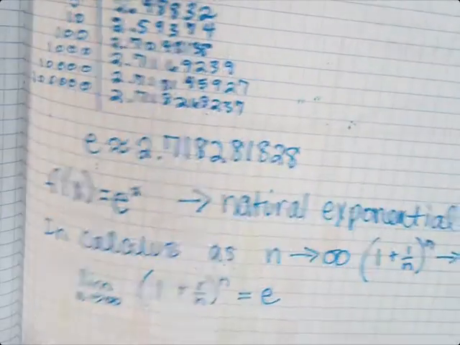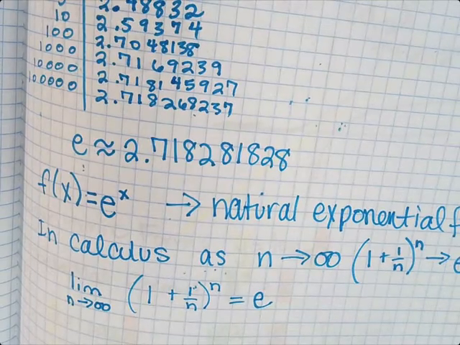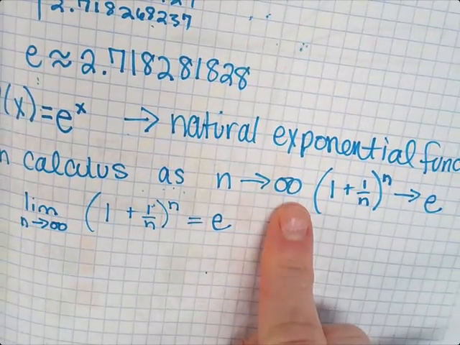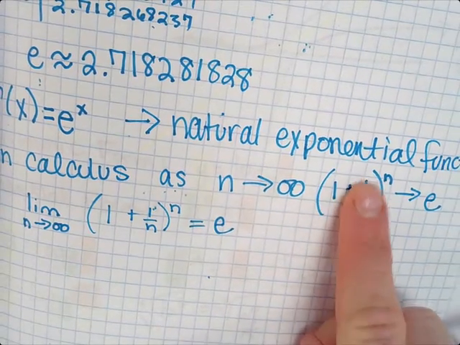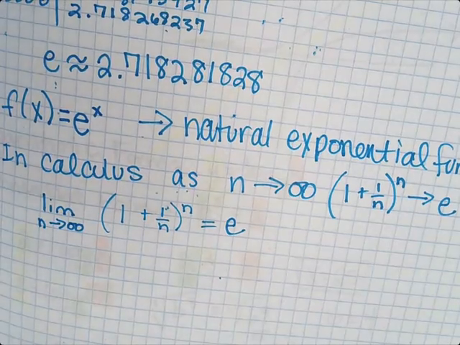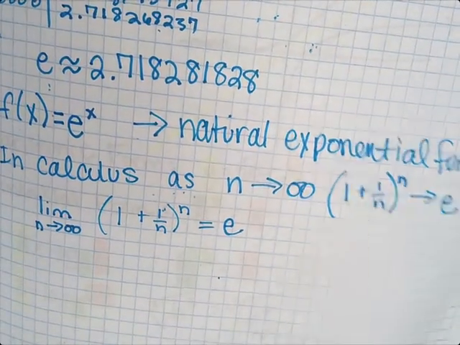So e to the x is called your natural exponential function. In calculus, you're going to see as n approaches infinity, 1 plus 1 over n raised to the n is going to approach e. So you'll see that later on in calculus.